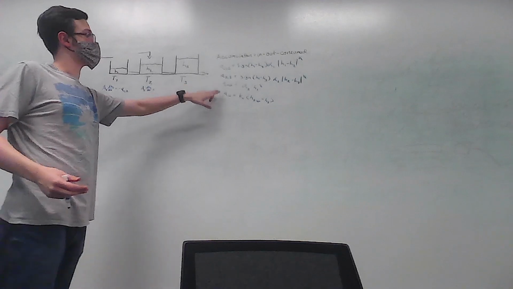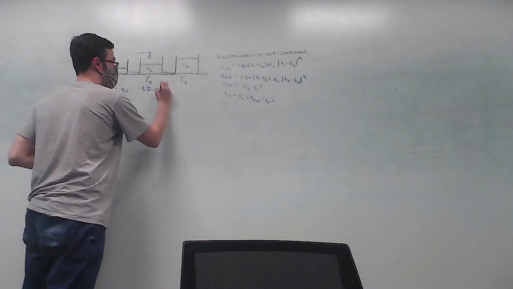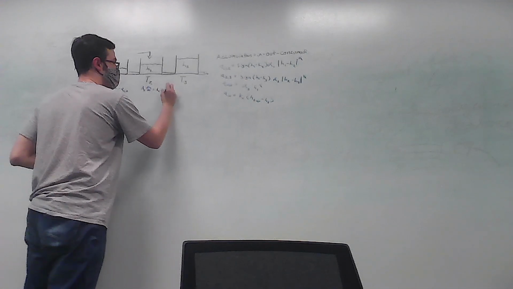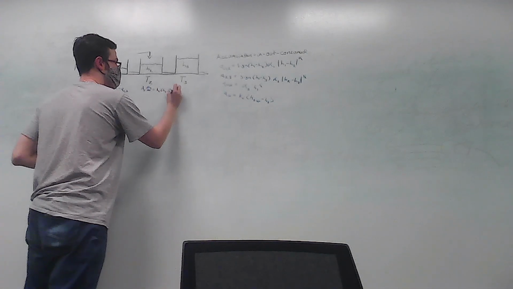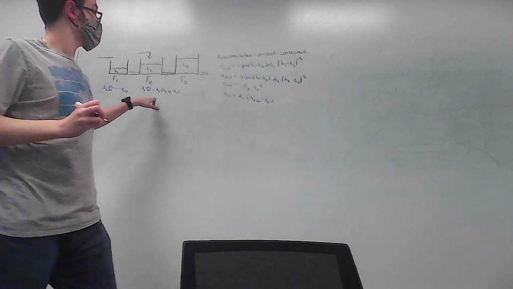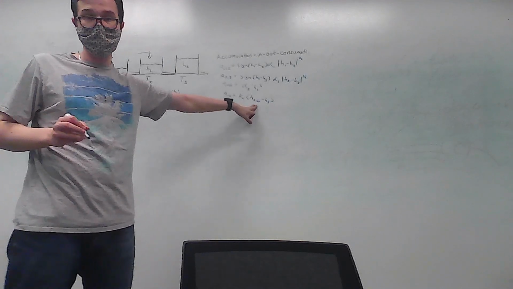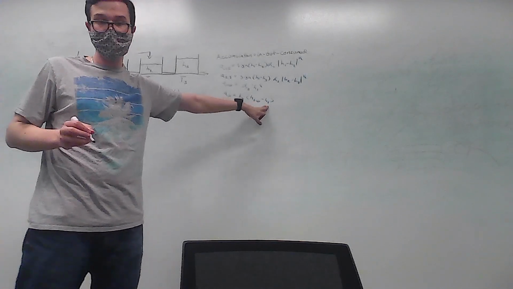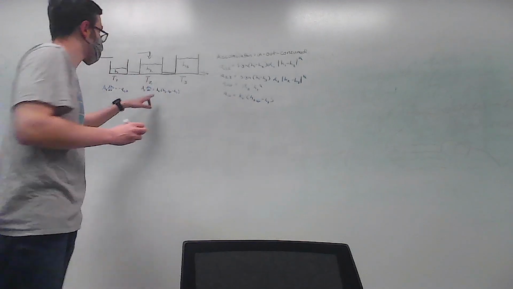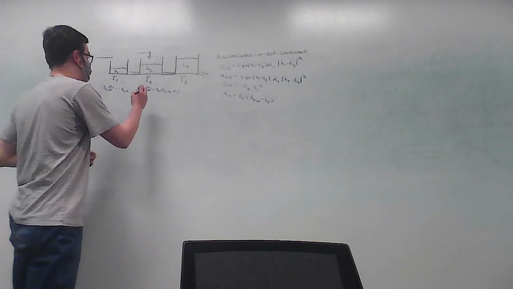So let's put flow rate in. So flow rate in is equal to proportionality constant times the set point of tank 3 minus the height of the liquid in tank 3. So we have that here, plus Q1 and 2.